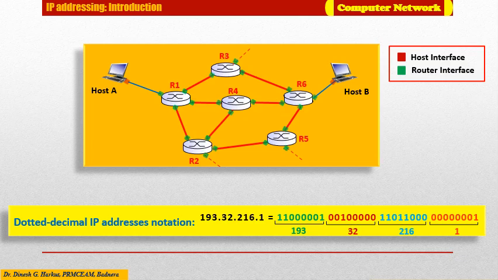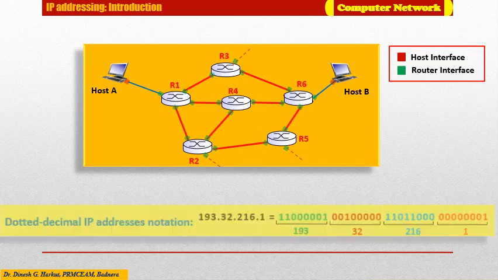Each IP address is 32 bits long, that is equivalently 4 bytes, and there are thus a total of 2 raised to 32 possible IP addresses, approximately 4 billion.